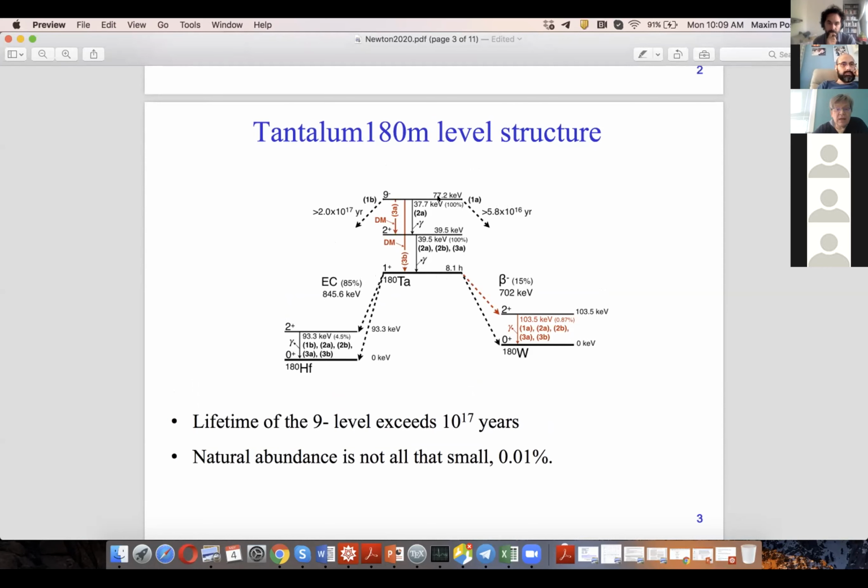However, there is a second excited level of tantalum 180 that exists for, well, forever, basically. And there have been very, very prolonged studies of trying to detect this tantalum 9 minus decay without any success. And it's not all that rare. It constitutes a fractional abundance of 10 to the minus 4.